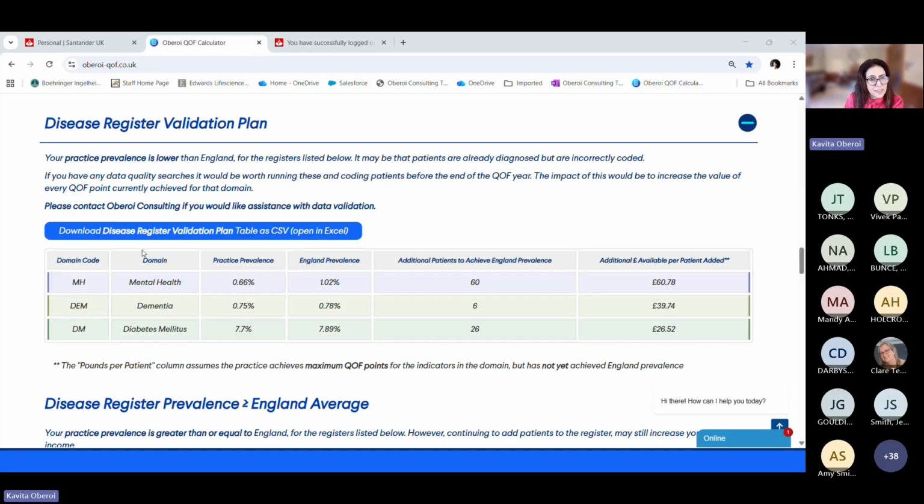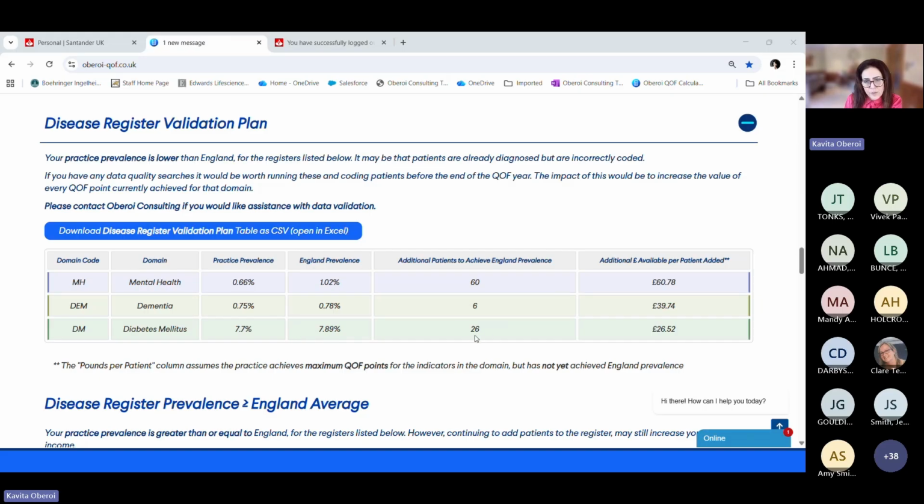You can see here, this table shows all the registers in this practice which are under England prevalence. As we know, the prevalence of each indicator affects the value of the QOF point and in turn your income. So for diabetes, the practice prevalence is 7.7, the England prevalence is 7.89.